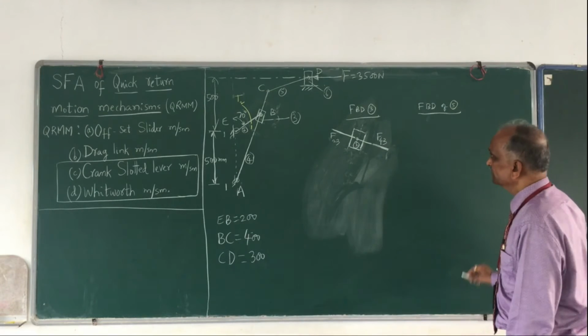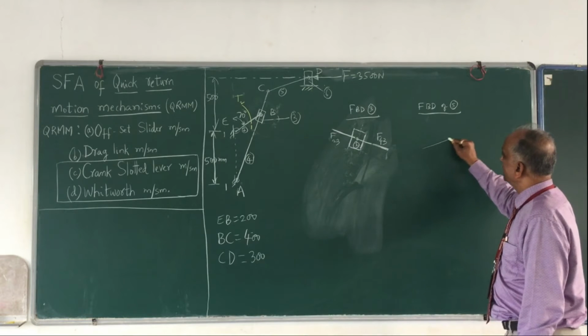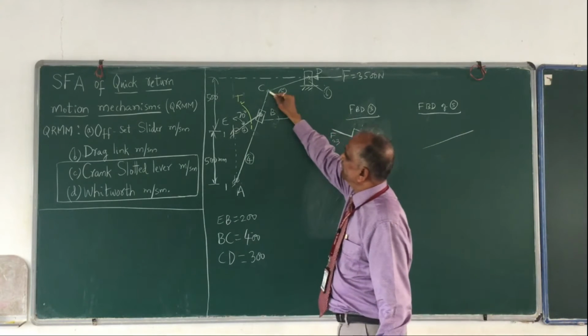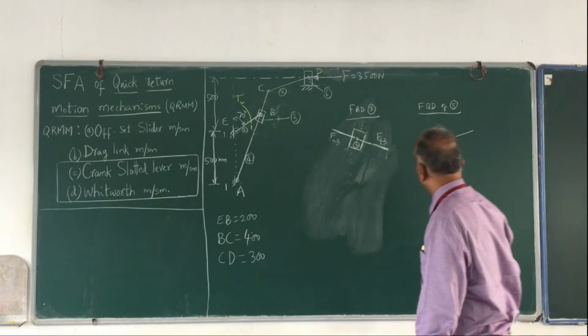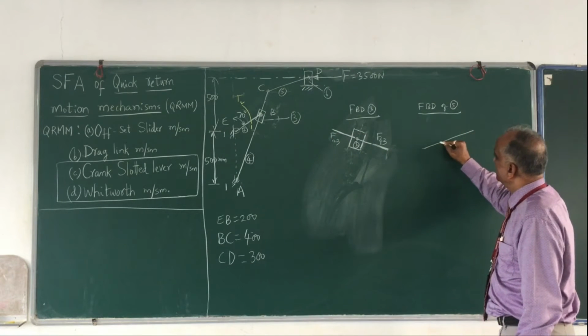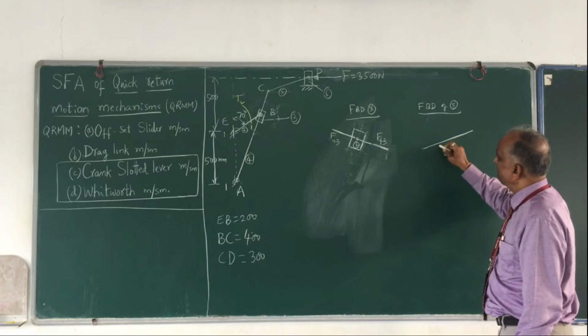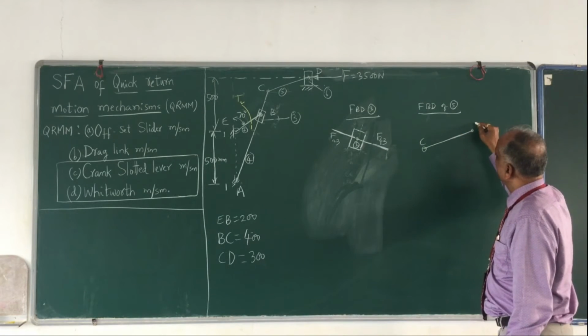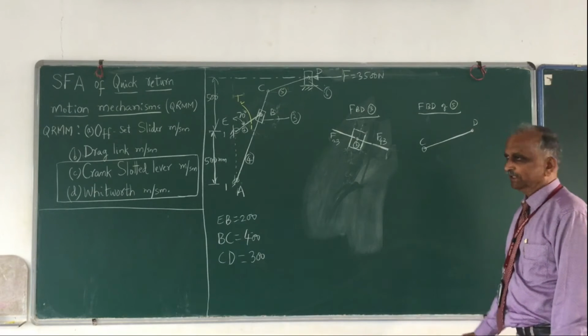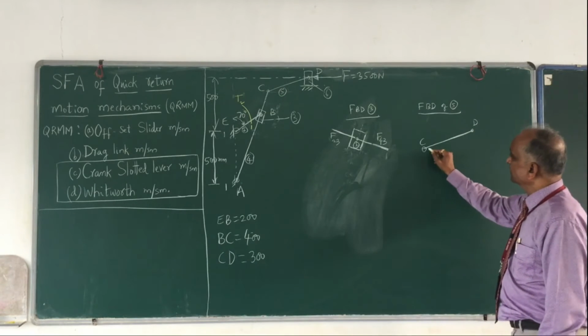I shall make use of this. So whatever you can, when you draw this diagram to convention, you can measure this angle, etc. All that will help you to draw this link. This is link number 5, and this is called C, and this is called D.